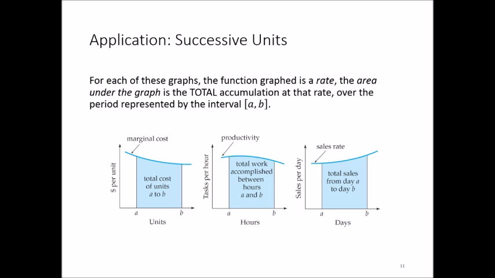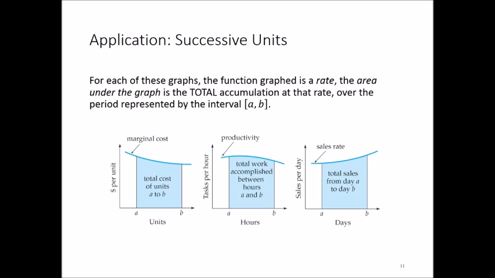For example, if you think about the graph of the marginal cost, you're graphing the marginal cost per unit. Then the integral from a to b tells you the cost of increasing production from a units to b units. So it's the total cost rather than the per unit marginal cost.